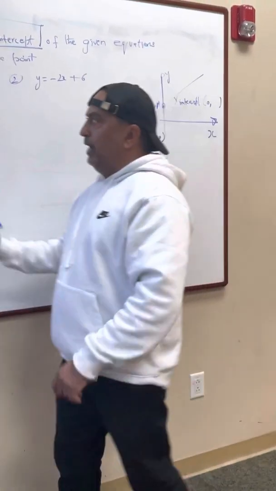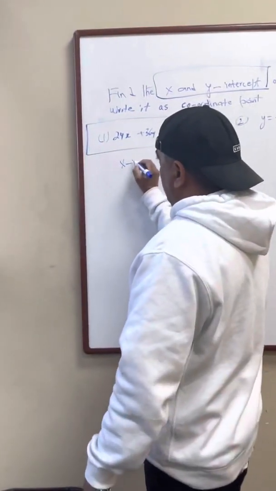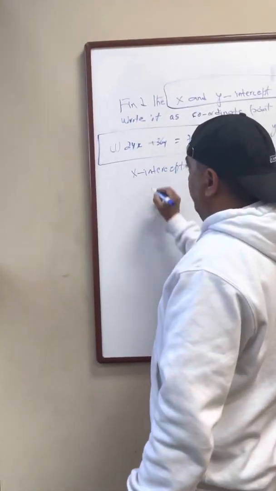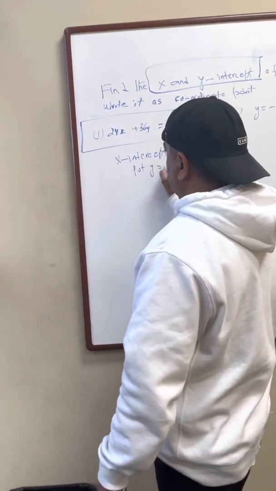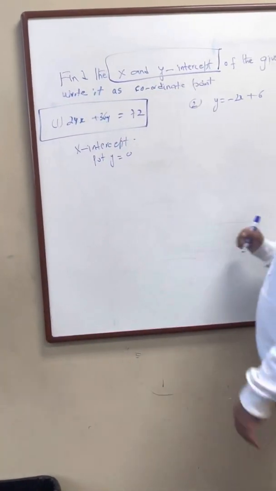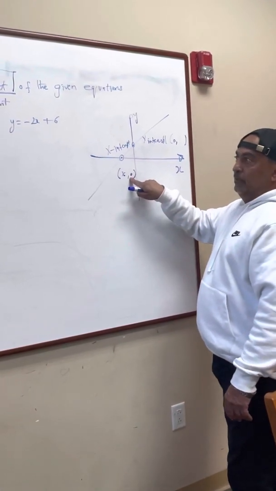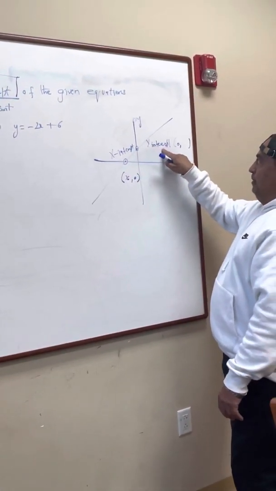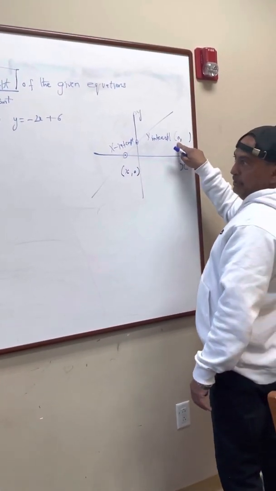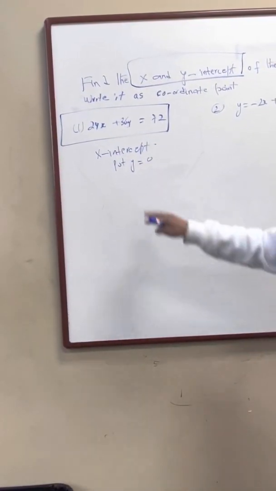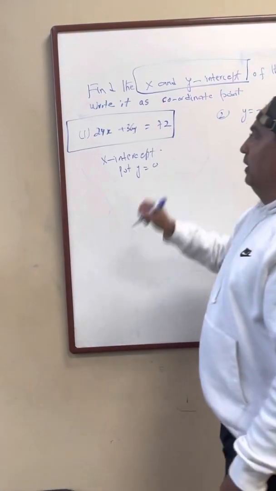So in order to find the x-intercept, we will put y is equal to 0, because at the x-intercept my y coordinate is 0. If you look at the y-intercept, my x coordinate is 0. So if you are finding the x-intercept, just do the opposite: put y is equal to 0 in the given equation.